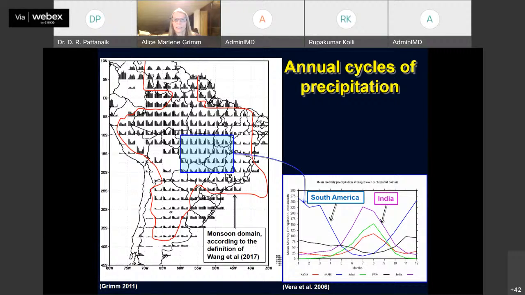And in the figure on the right, you can see the monthly average of precipitation in several monsoon core regions around the world. So you can have an idea of the intensity of the South American monsoon. Next.